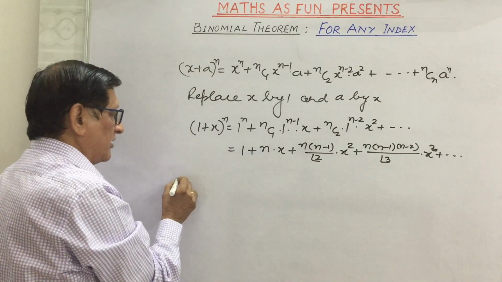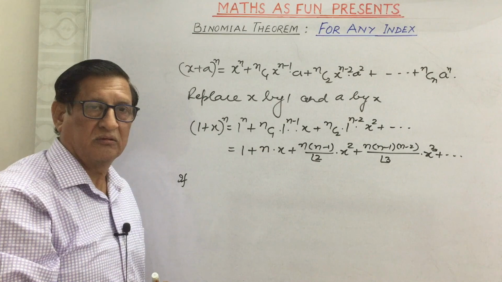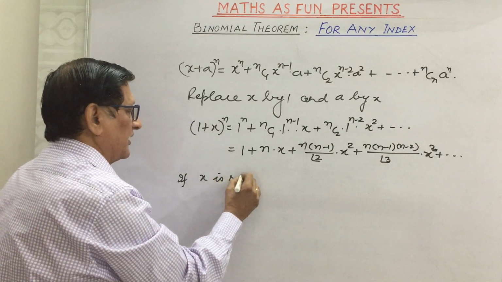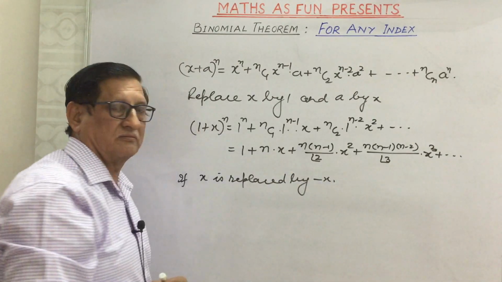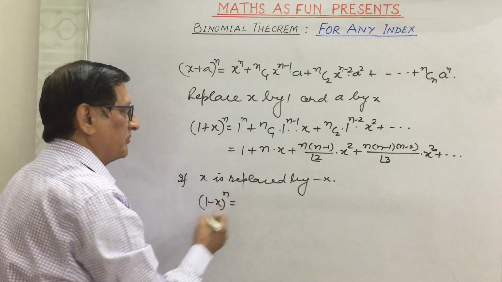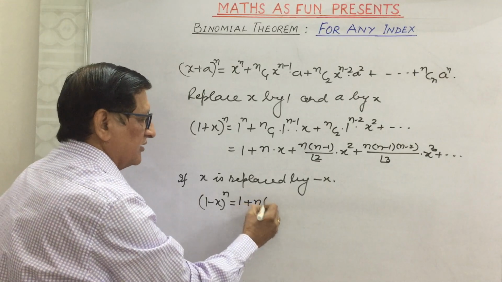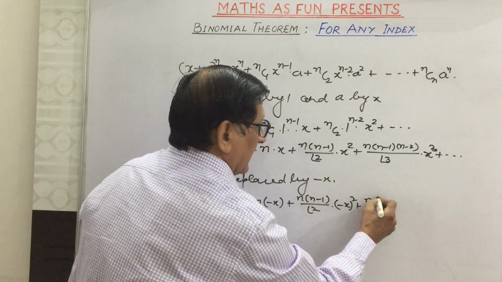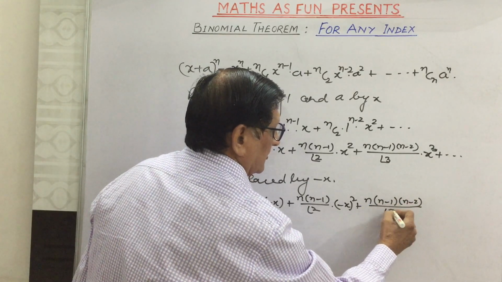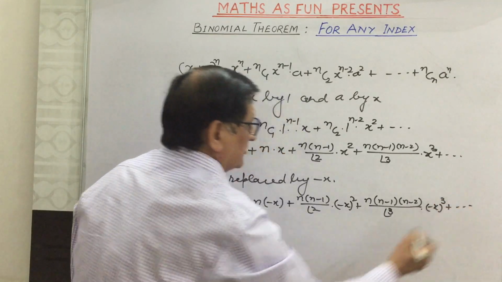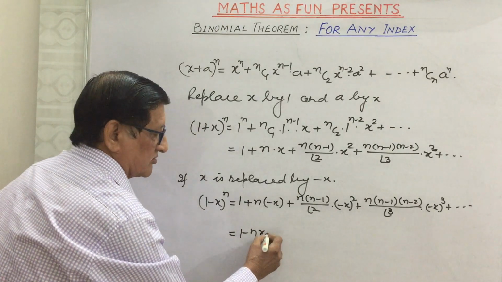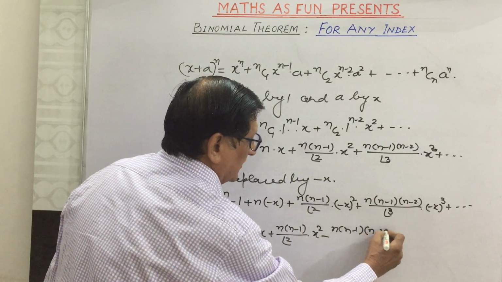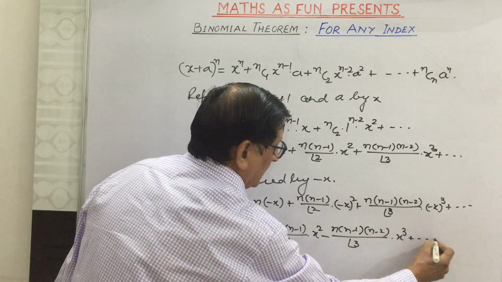So this will be the expansion we will be using in case n is not a positive integer. If we make it (x - a)^n, in that case this will be (1 - x)^n. So if x is replaced by -x, this expansion will be (1 - x)^n = 1 + n(-x) + n(n-1)/2! (-x)^2 + n(n-1)(n-2)/3! (-x)^3 + and so on, which is equal to 1 - nx + n(n-1)/2! x^2 - n(n-1)(n-2)/3! x^3 + and so on.